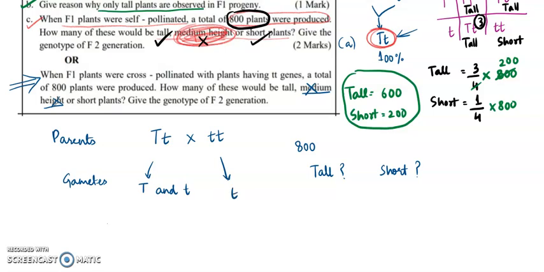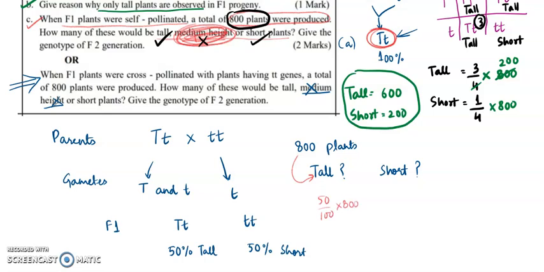So in this case, F1 will be capital T small t and small t small t, meaning 50% of the plants are going to be tall and 50% of the plants are going to be short. Very simple numerical. They have given you the case of 800 plants. So for 800 plants, how many of them? 50% of 800 is going to be how much?